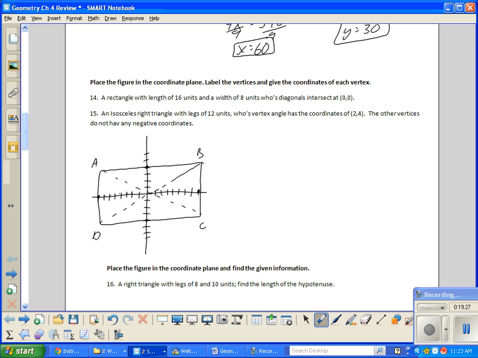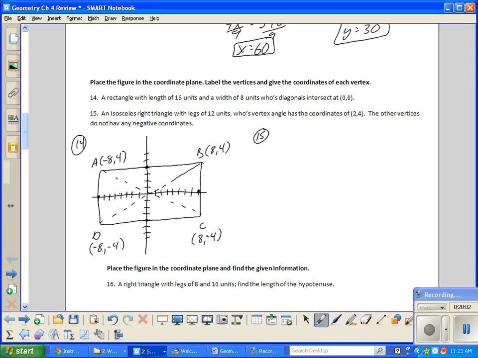And so the coordinates of A is going to be -8, +4. B is going to be +8, 4. C is +8 for the x, -4 for the y. And D is going to be -8 for the x and -4 for the y. That's 14.